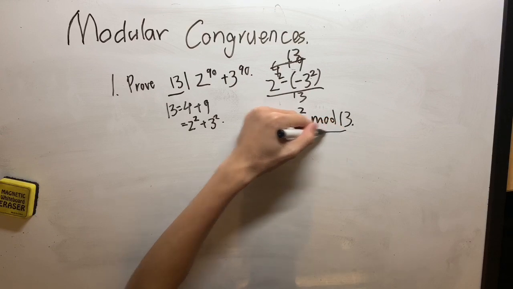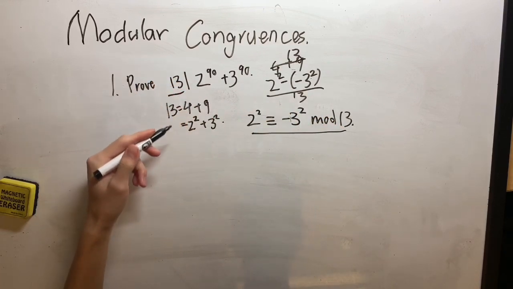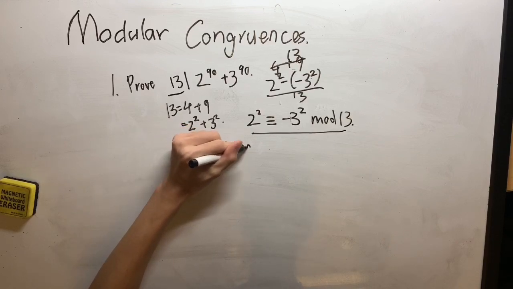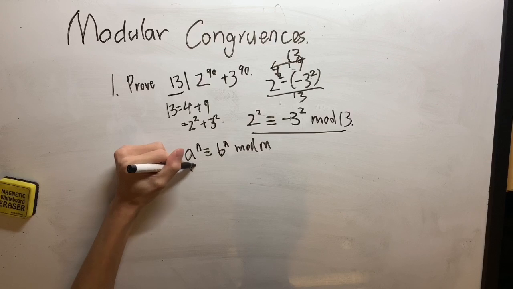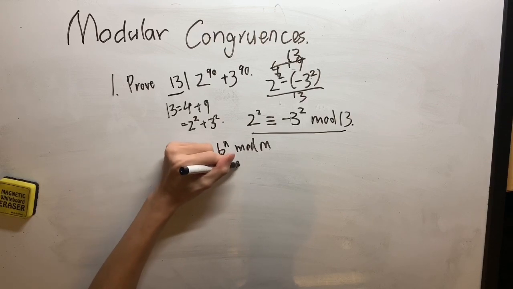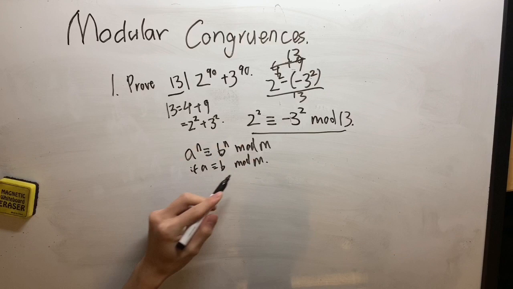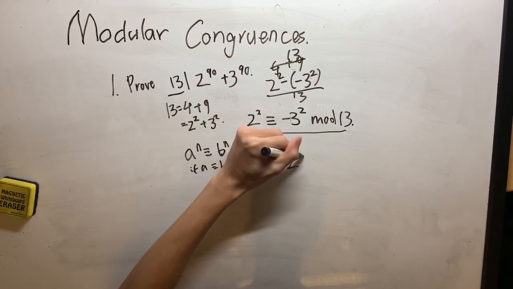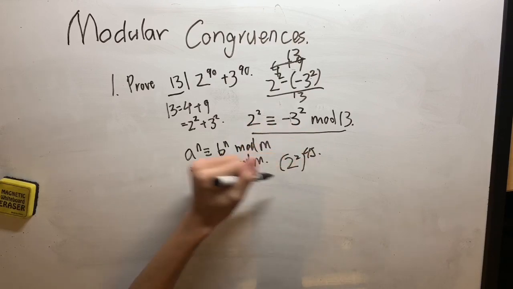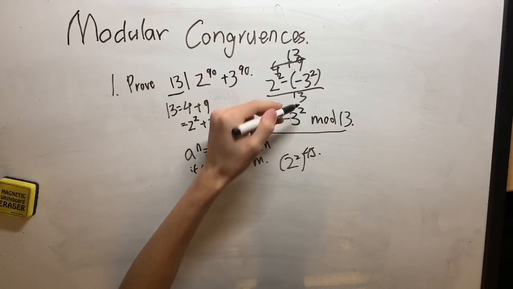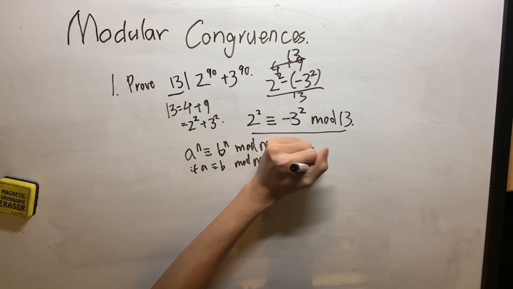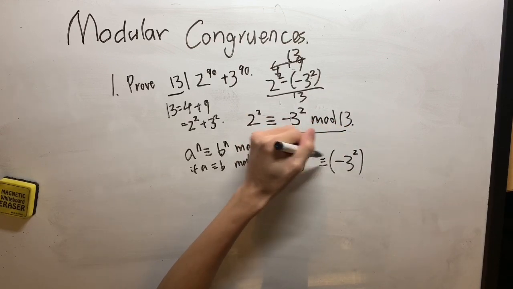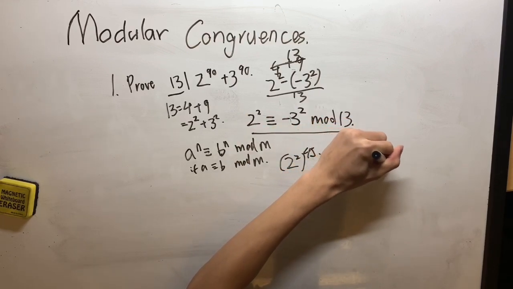So we change that to the modular congruences. Now we know that A to the N is congruent to B to the N mod M if A is congruent to B mod M. Thus, 2 to the 90 is 2 squared to the 45th, and 3 to the 90 is 3 squared to the 45th. Thus, it's negative 3 squared, all of them to the 45th mod 13.